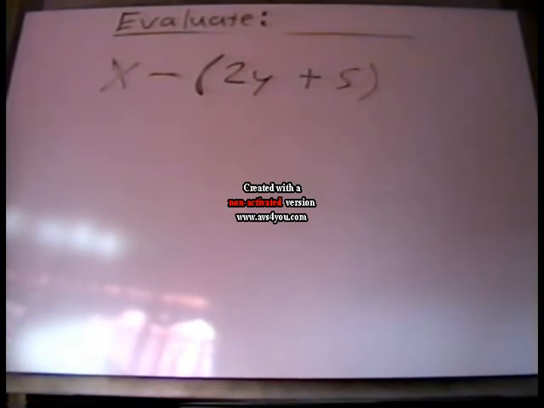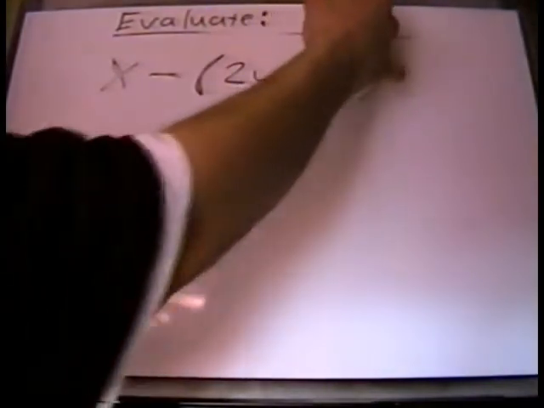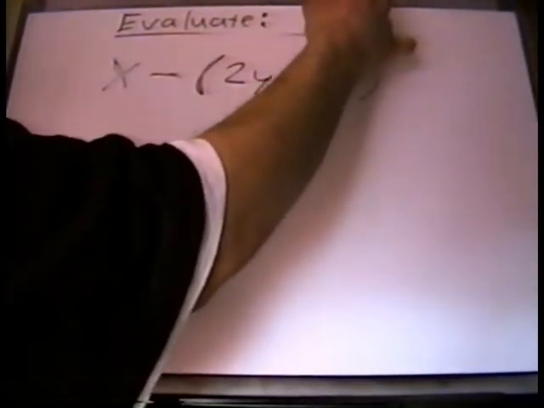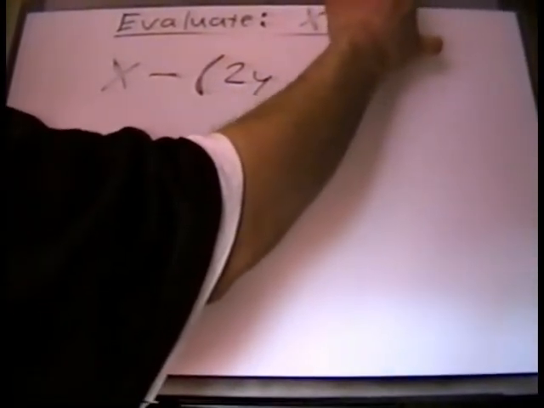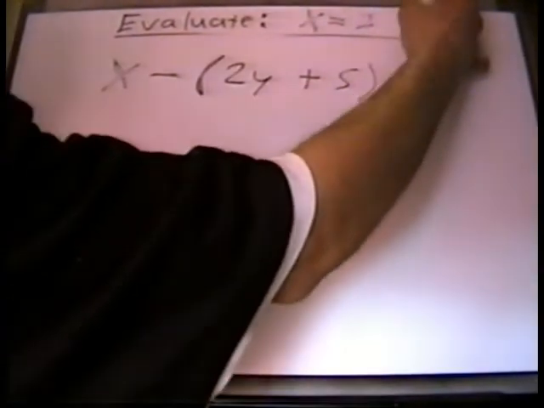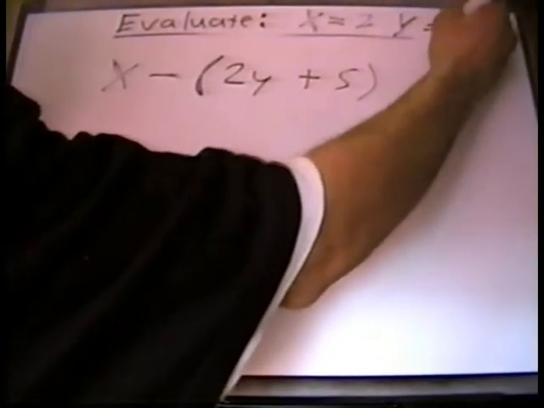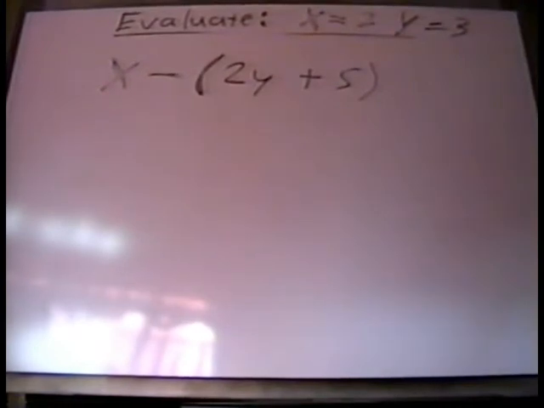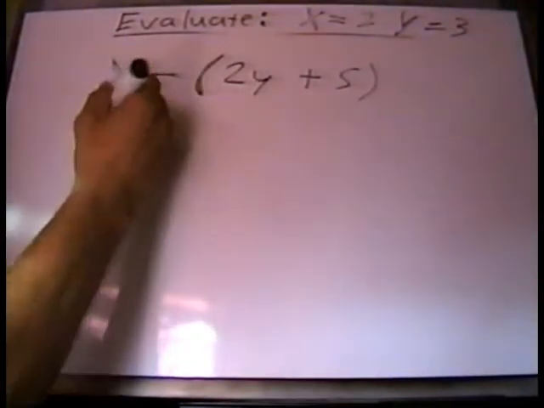Sum of 2y and 5 subtracted from x. So you want to evaluate this expression when x, let's say x equals 2, y equals 3. Okay? So we substitute.